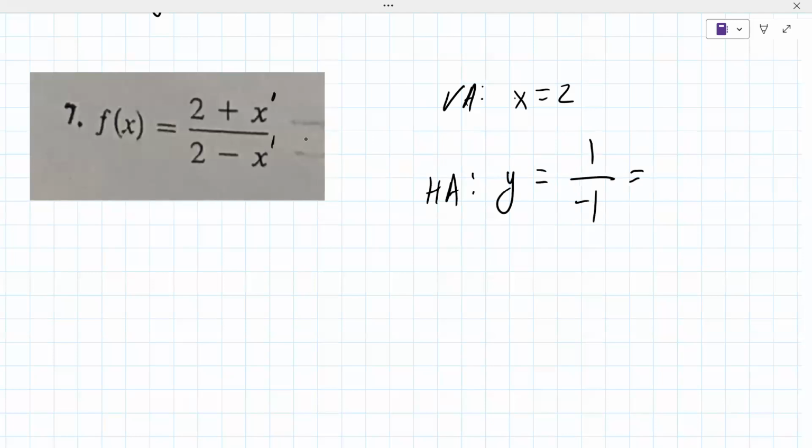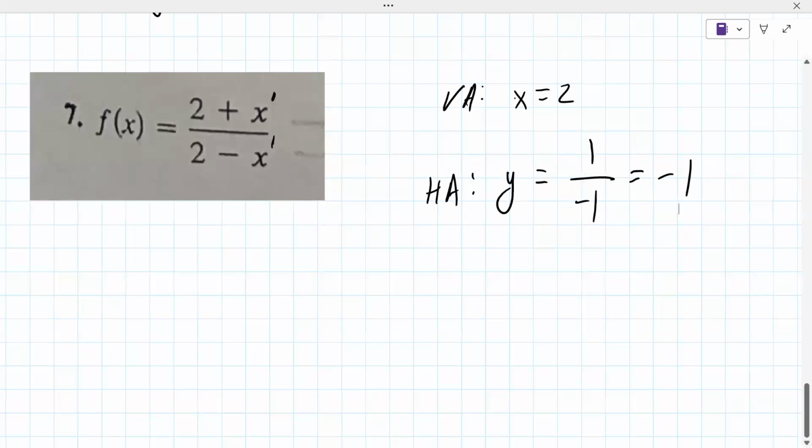So what does that become? Can I divide them? Yes. -1. It is -1. Very good.